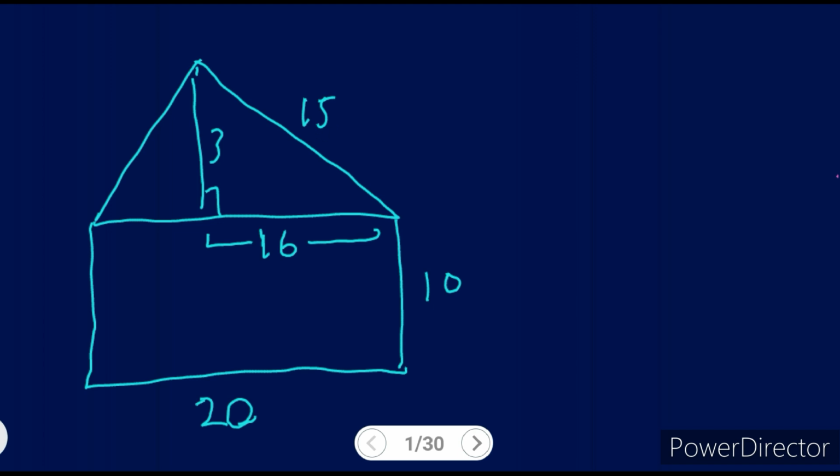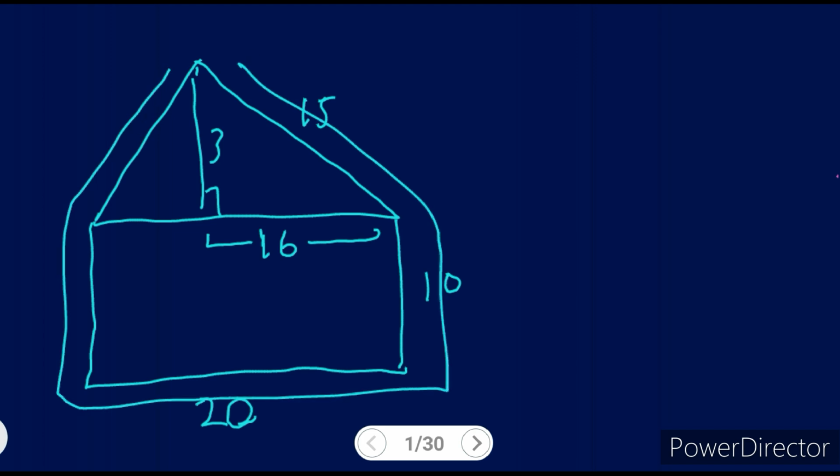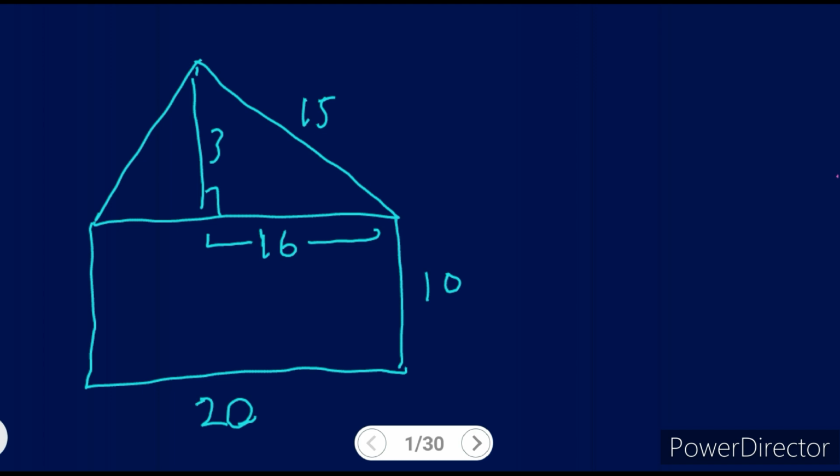So if they ask you for the perimeter, let's just say you're given this stuff and you're asked to find the perimeter. So how many sides do we have? We've got 1, 2, 3, 4, 5. So we have to have the length of all 5 sides, and we have to add them.